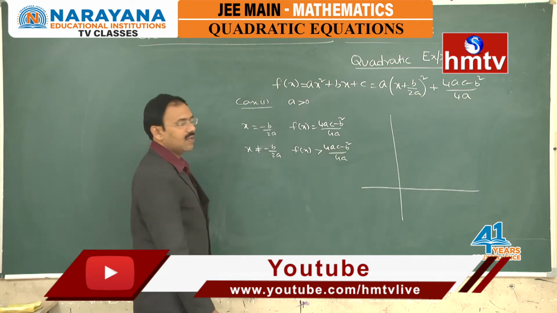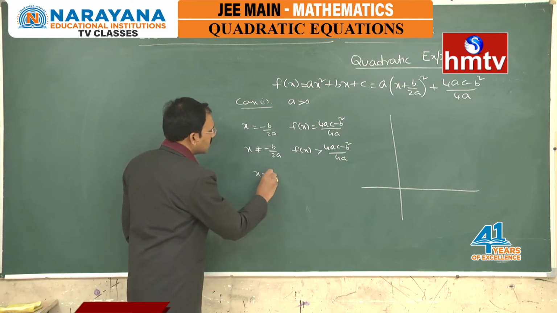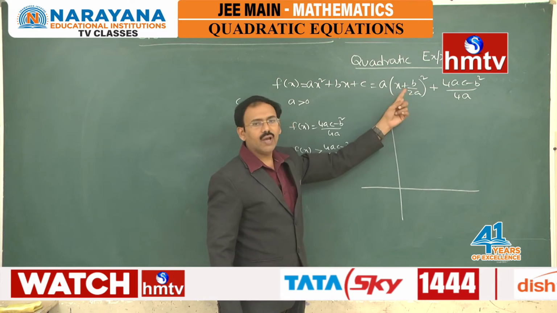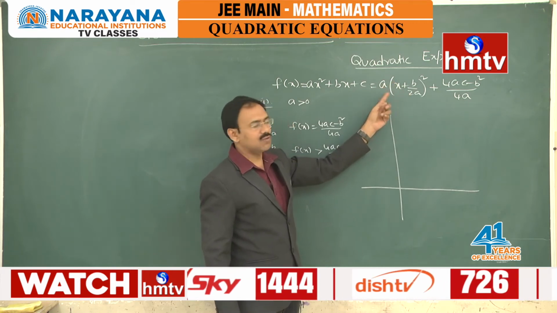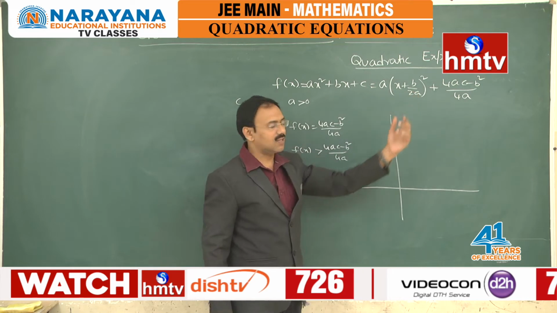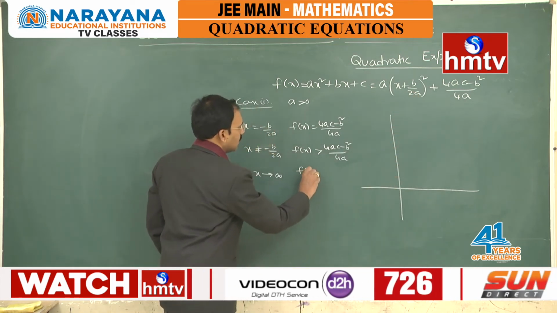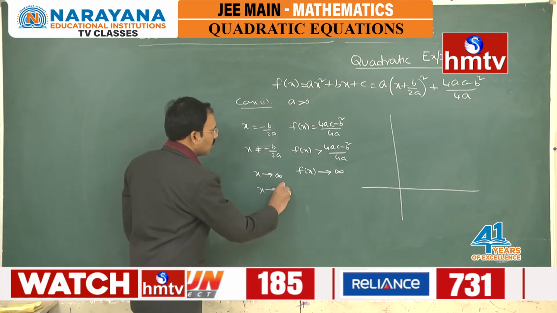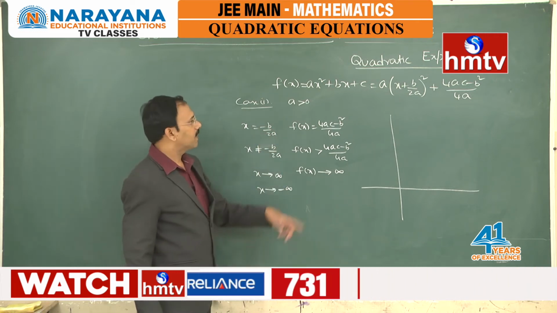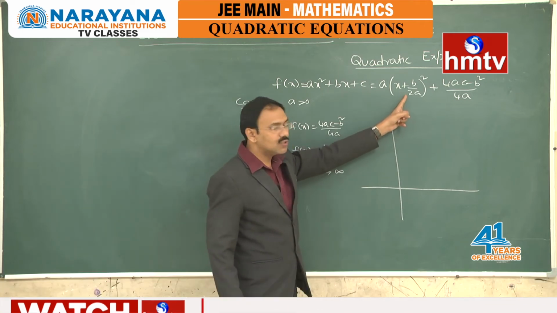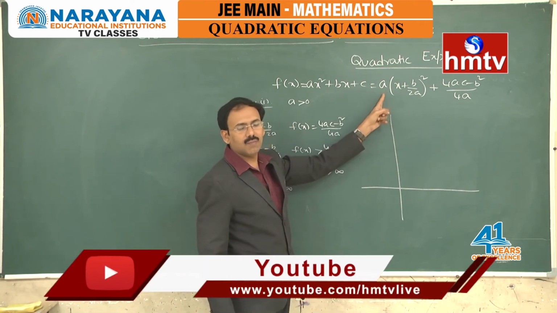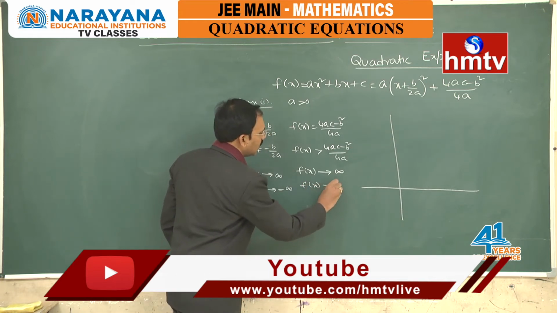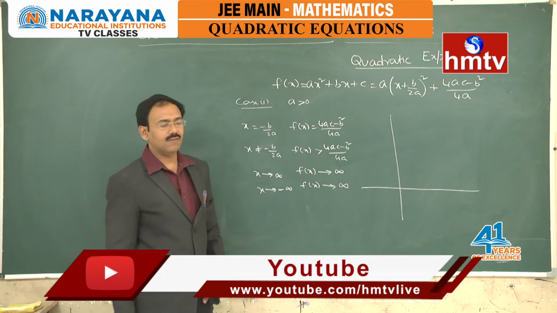And number 3, as x tends to infinity, since the square is there, this is going to be infinity into a positive number, infinite plus a finite number, so f(x) tends to infinity. Even as x tends to minus infinity, in that case too this goes to infinity into a positive number, infinity plus finite number, so f(x) tends to infinity itself.